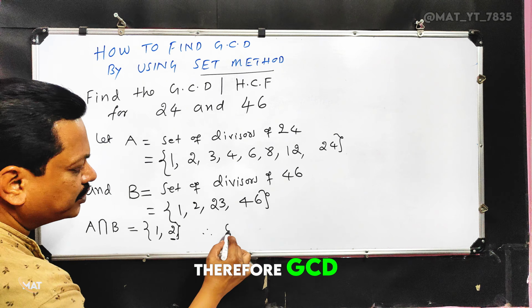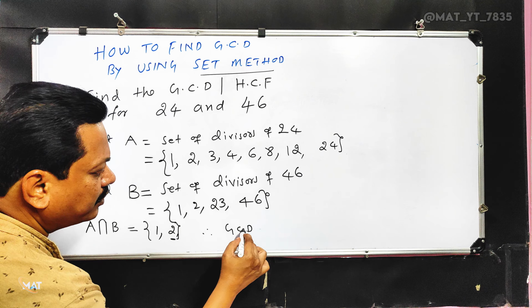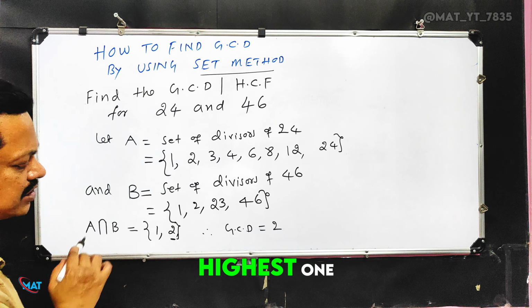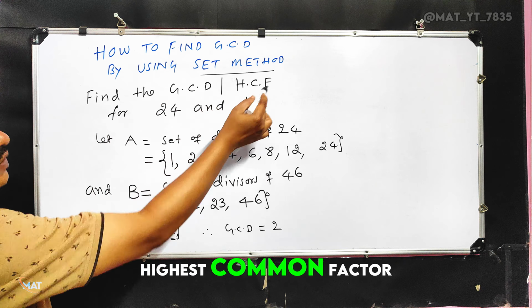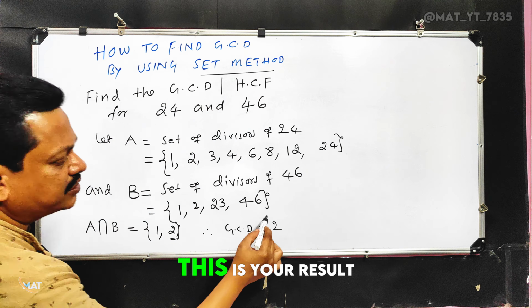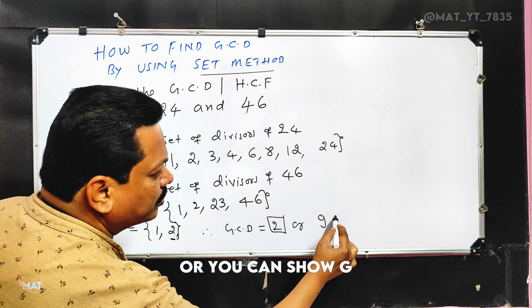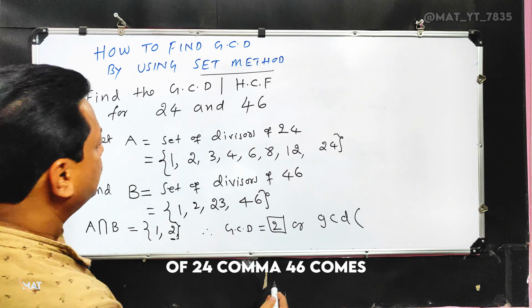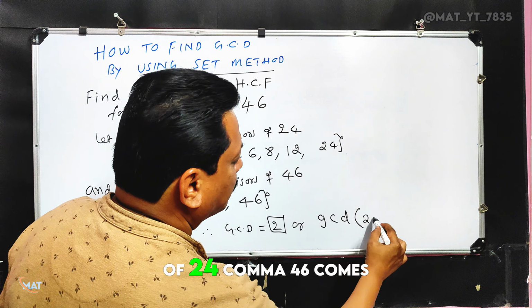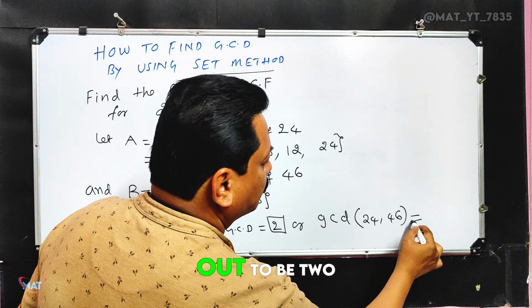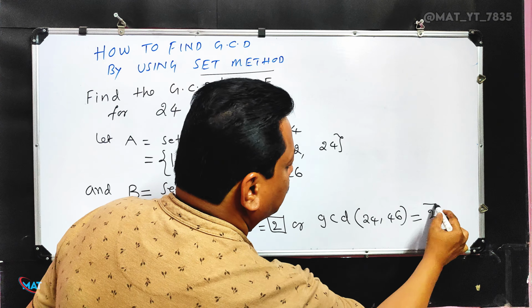Therefore, GCD is equal to 2. The highest common factor. This is your result. Or you can show GCD of 24, 46 comes out to be 2.